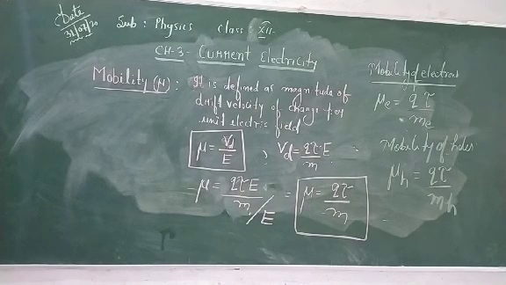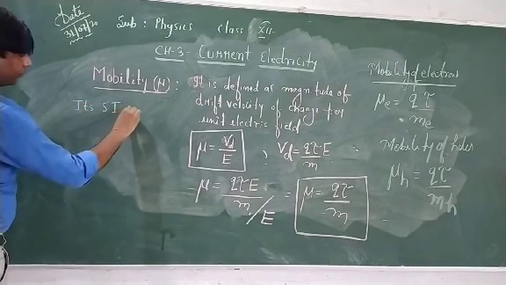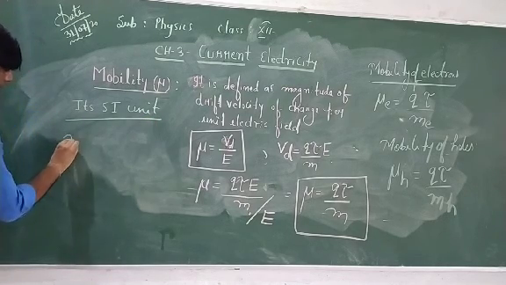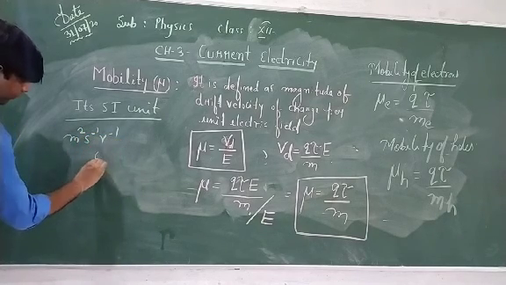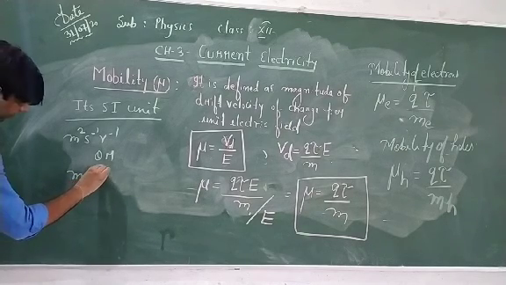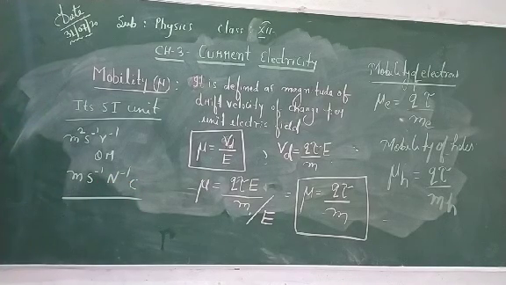Now, if you talk about the unit, it is meter square per second per volt, or meter per second per Newton per coulomb.